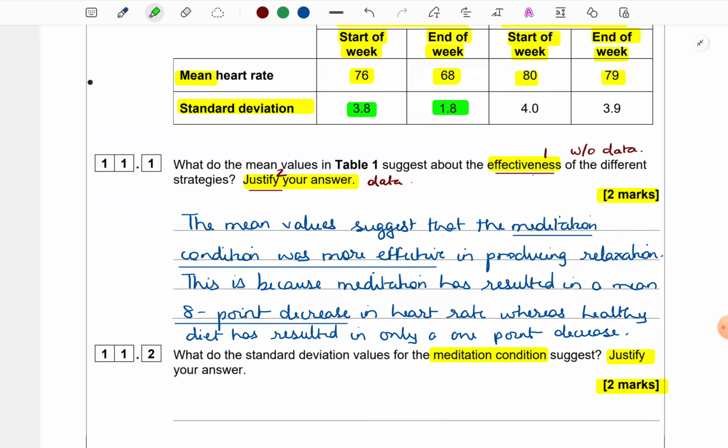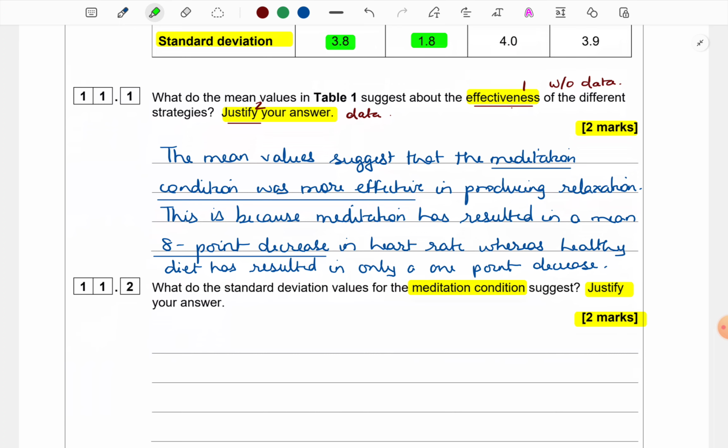Again, like I said, the format is going to remain the same. So my first sentence will be a conclusion. Second sentence will have the data.